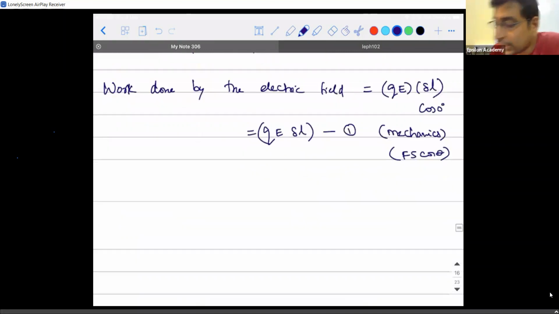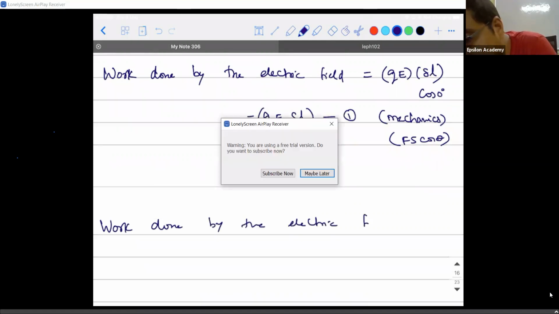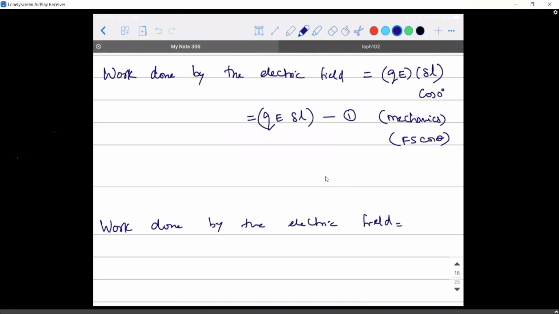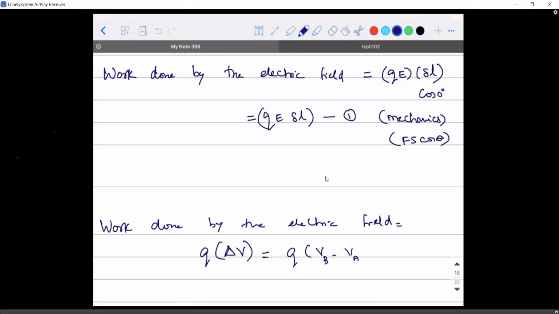But according to electrostatics, work done by the electric field is how much? Work done is charge and electric potential difference, that is Q into, can I write it as delta V? That is a change in potential difference, or Q into VB minus VA.